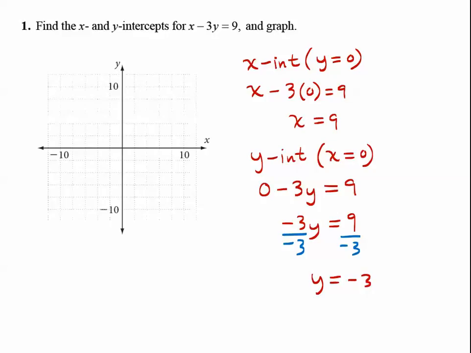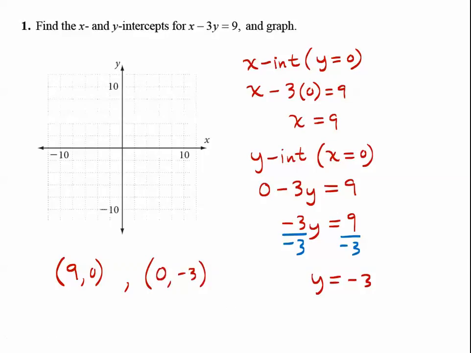Okay, what we really want out of this is these 2 points right here. Since I got x equals 9, this means I have a coordinate called (9, 0). Right, plug in a 0 for the y, gives me a 9 for x. Over here, I plugged in a 0 for the x. It gave me a negative 3 for y. Cool. We just need those 2 points.